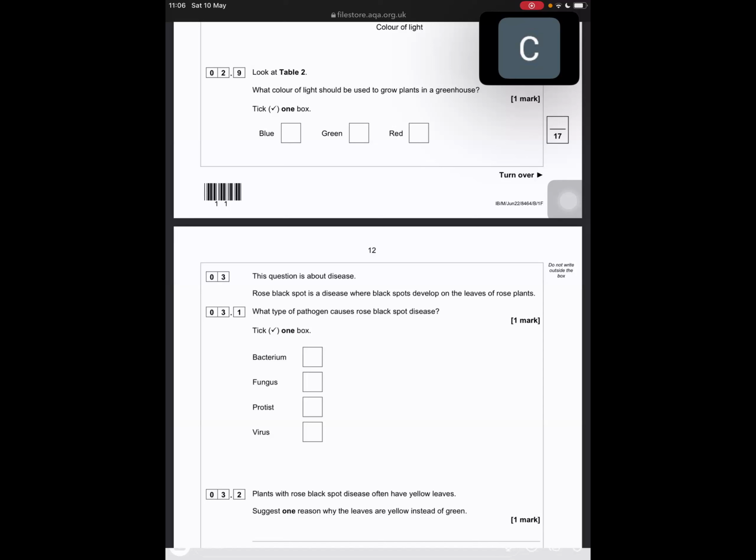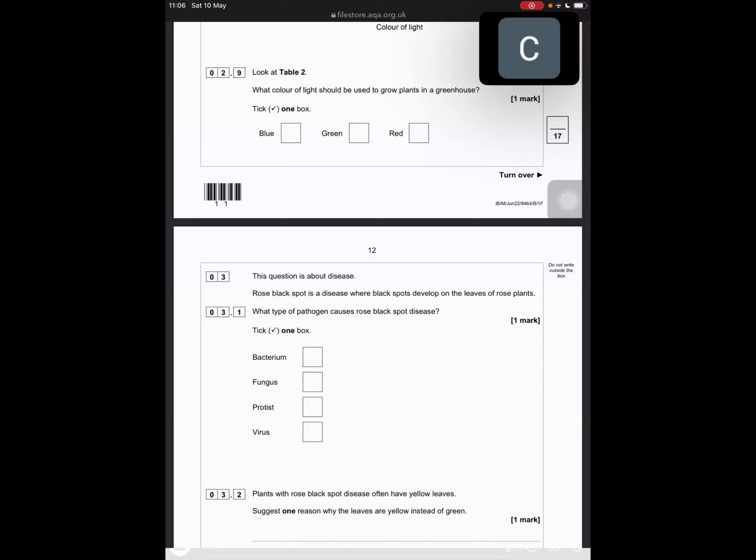Sometimes certain classes of diseases, produced by either a virus, a fungus or a bacterium, have a certain way they look or attack plants, so you can use your knowledge to tell which one it is.